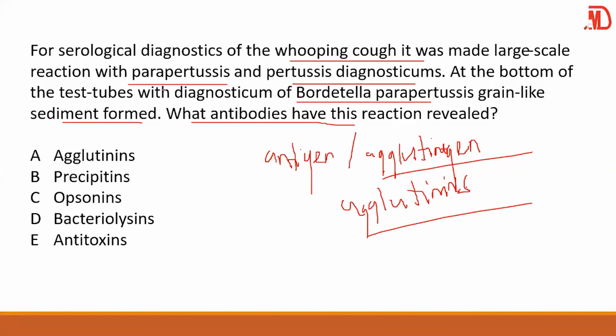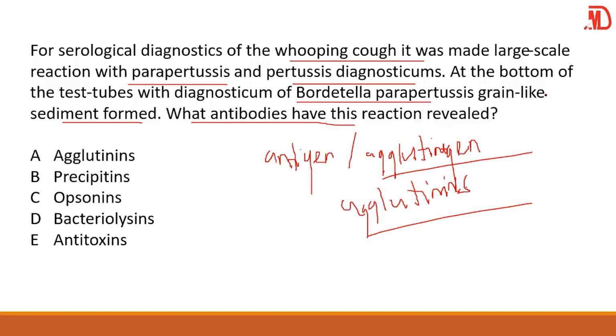Now, these tests, where we have the parapertussis and the pertussis diagnosticum, help in the detection of antibodies. I repeat, they help in the detection of antibodies.